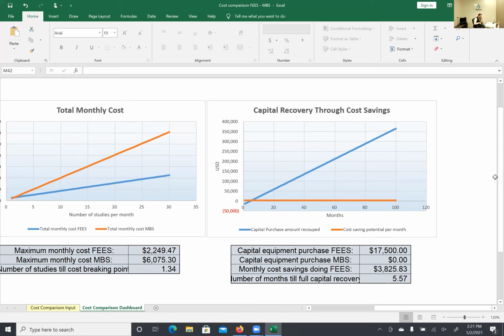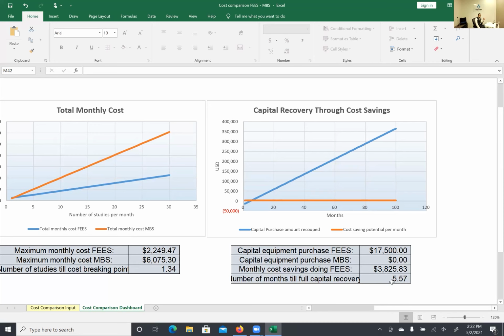And if we do the 30 a month, then we will have saved enough money to pay for all of the equipment, all the maintenance, and the variable costs, so the staff, et cetera, as well, after 5.57 months.